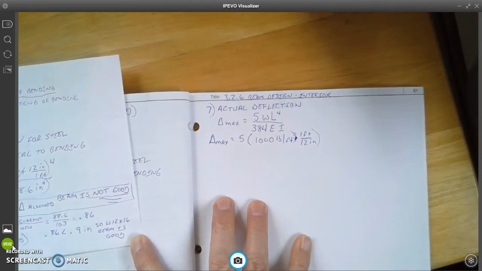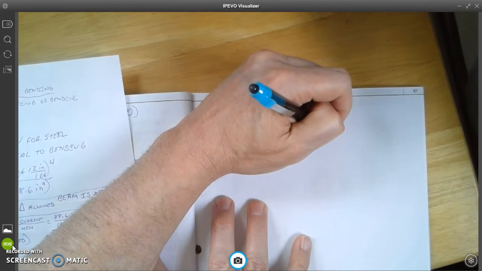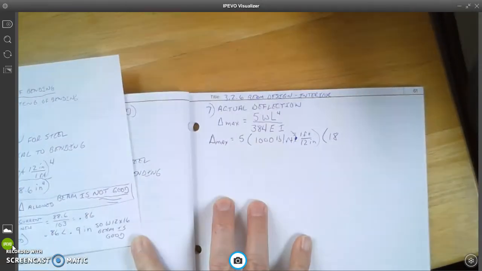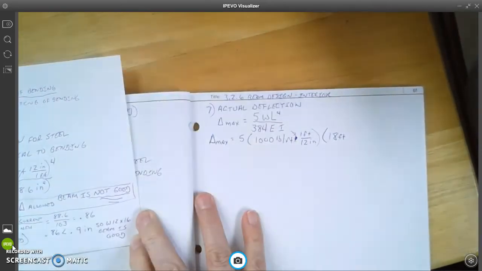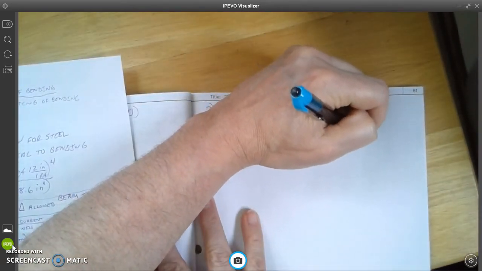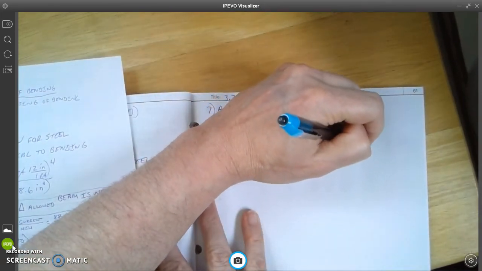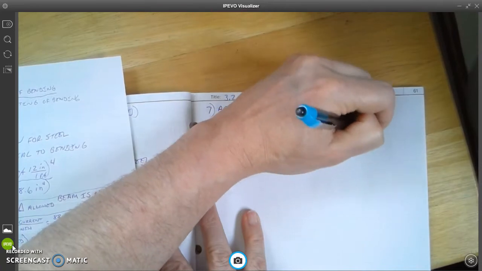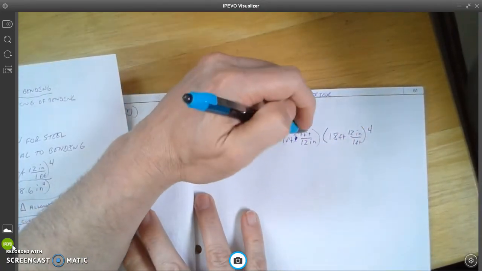Okay. Times the L, which is 18. Again, this is in feet, so this has to be multiplied times 12 inches divided by 1 foot, and that gets raised to the 4th power. So let's do some cancellation of units here.